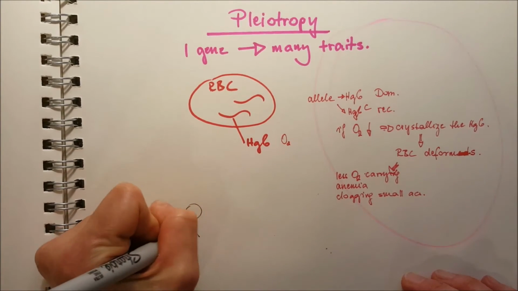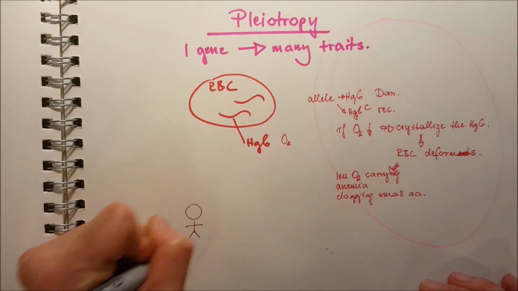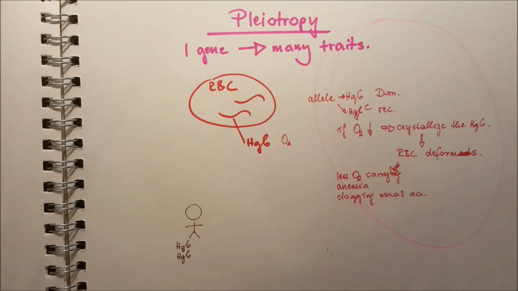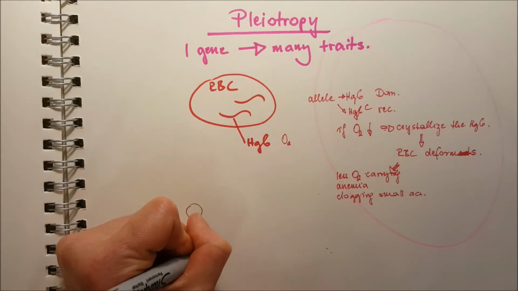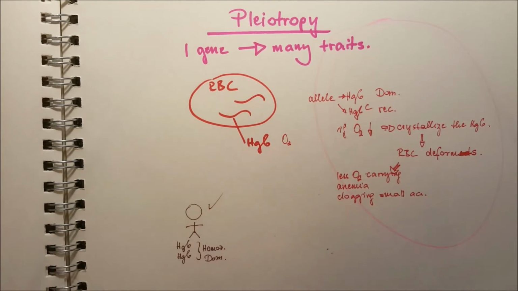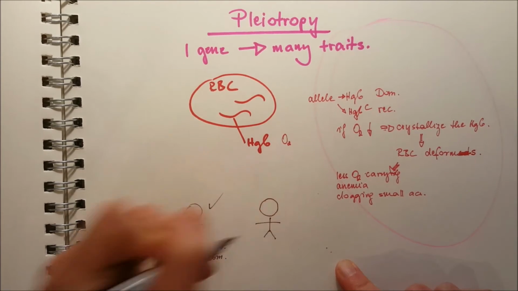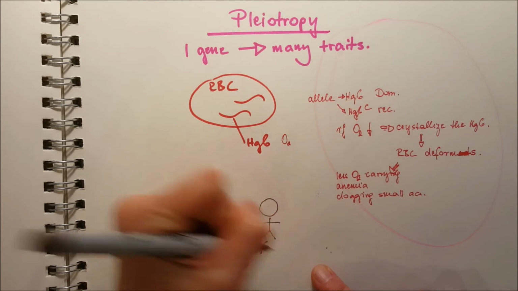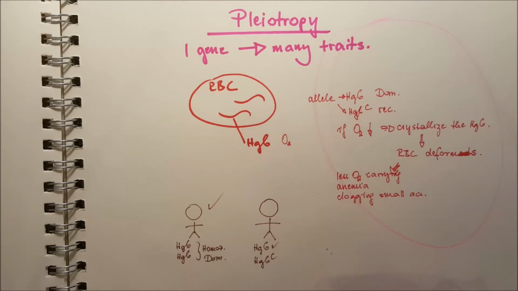The red blood cells, these sickle ones, are going to clog small arteries, so problems in the heart, in the kidney, and all around in the brain too. So a person who is homozygous dominant has no problem.